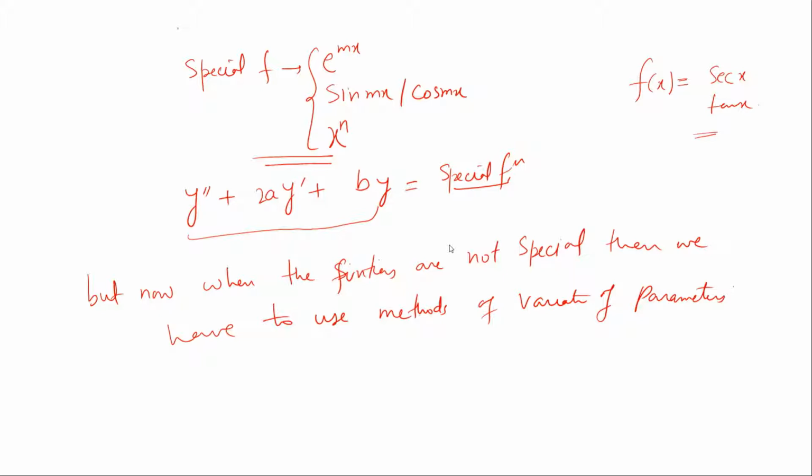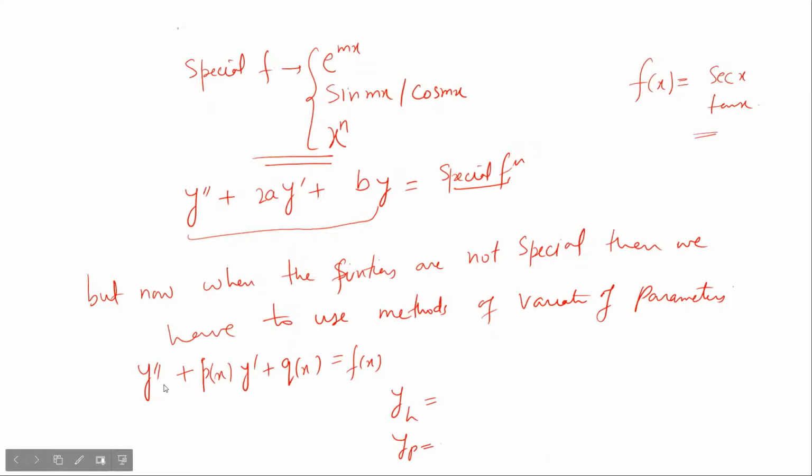So when there is y double prime plus p of x y prime plus q of x y equals f of x, then we have a homogeneous solution and a particular solution.